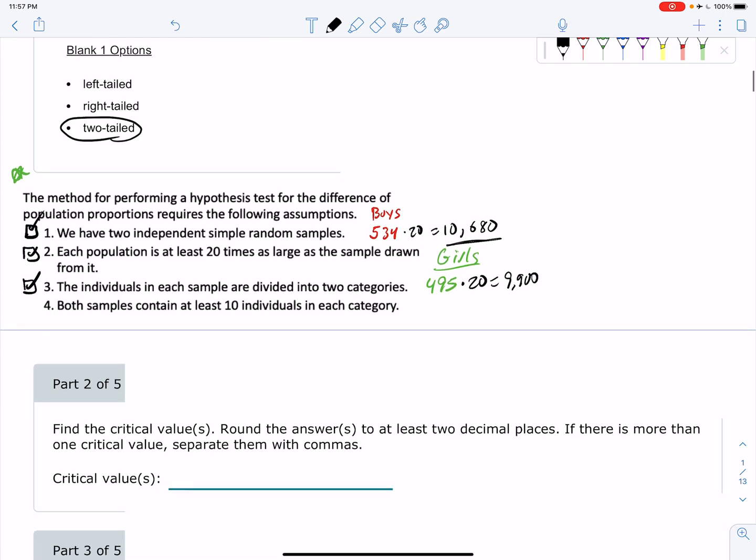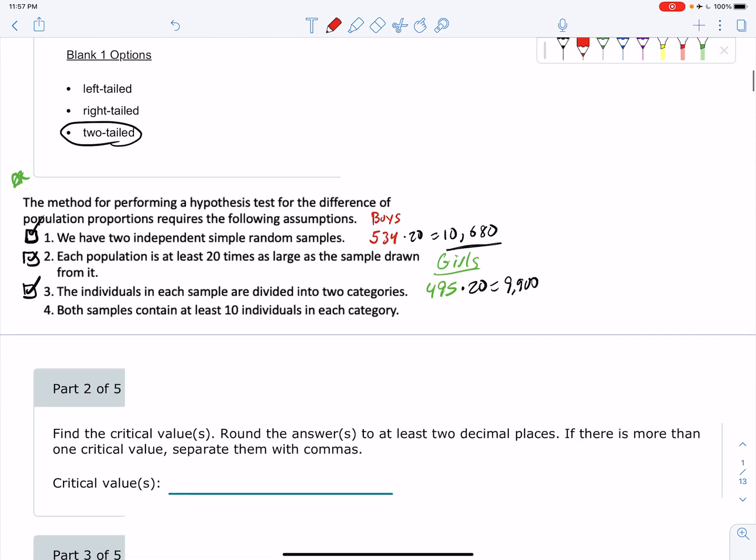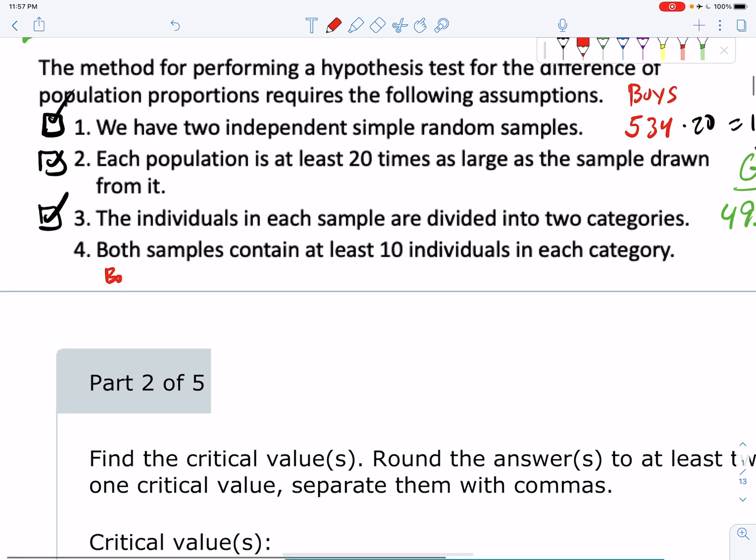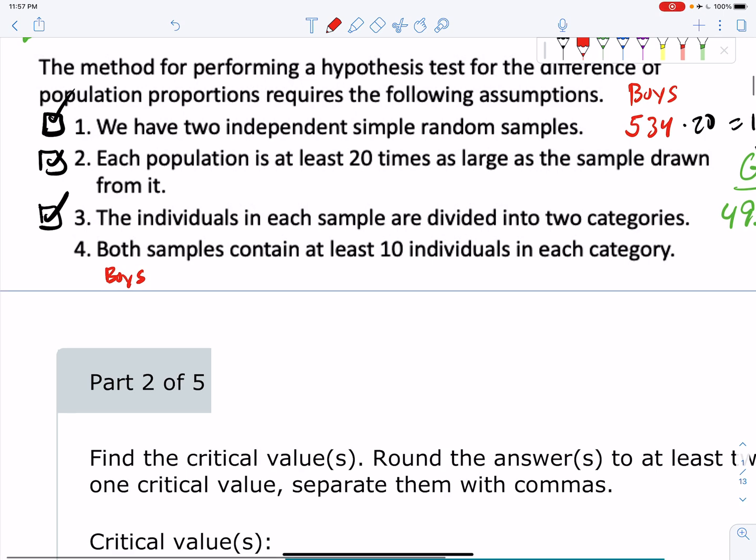Okay, so if we take a look at the boys, kind of zoom in so I have space here. You take a look at those boys there. I think we had what? P sub. We had the sample proportion. What was that?